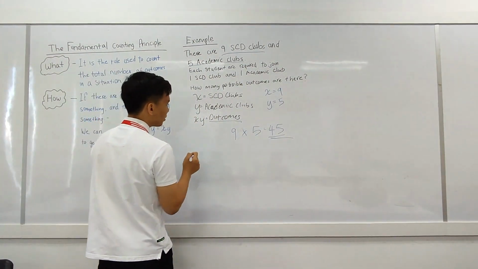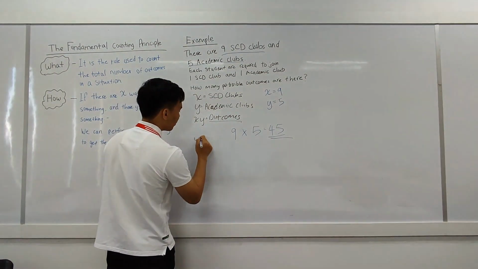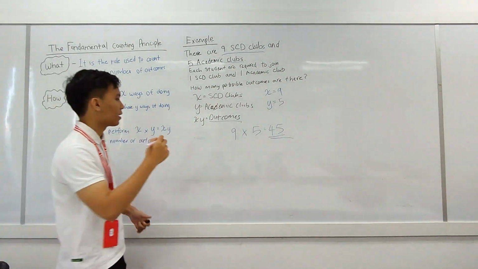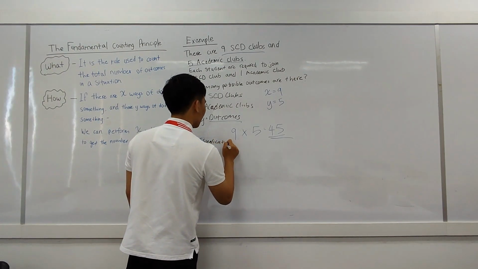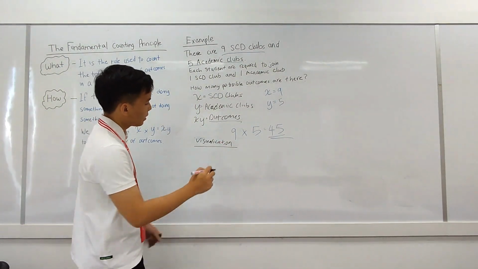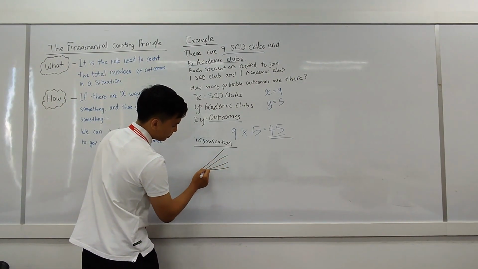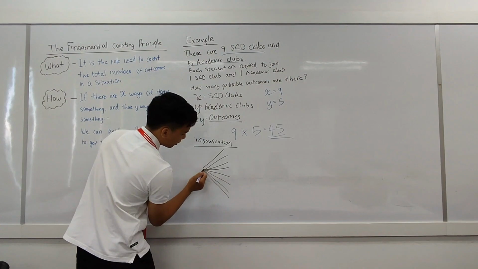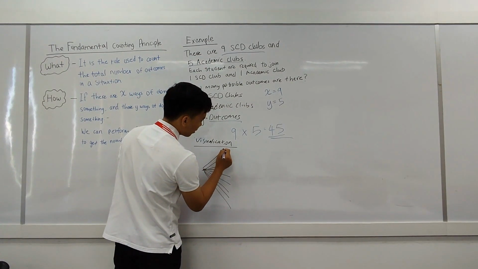Okay, let's visualize it. We have 9 branches, and each branch will have another 5 sub-branches.